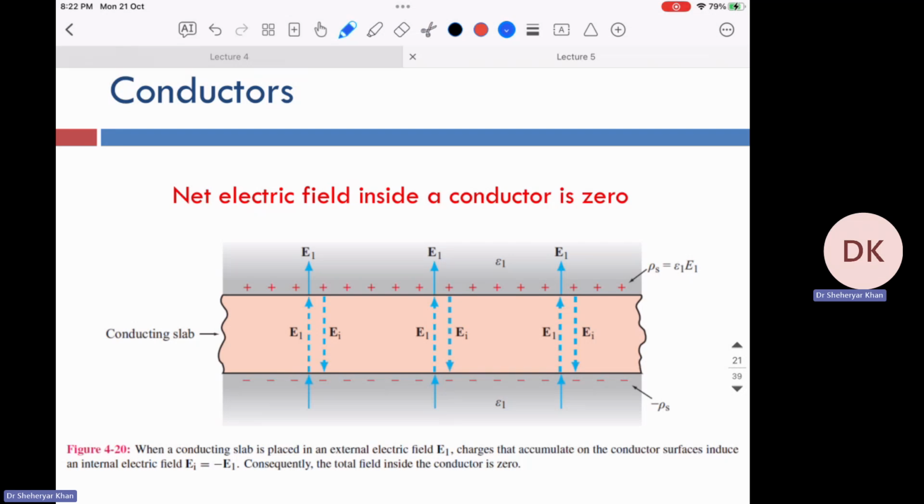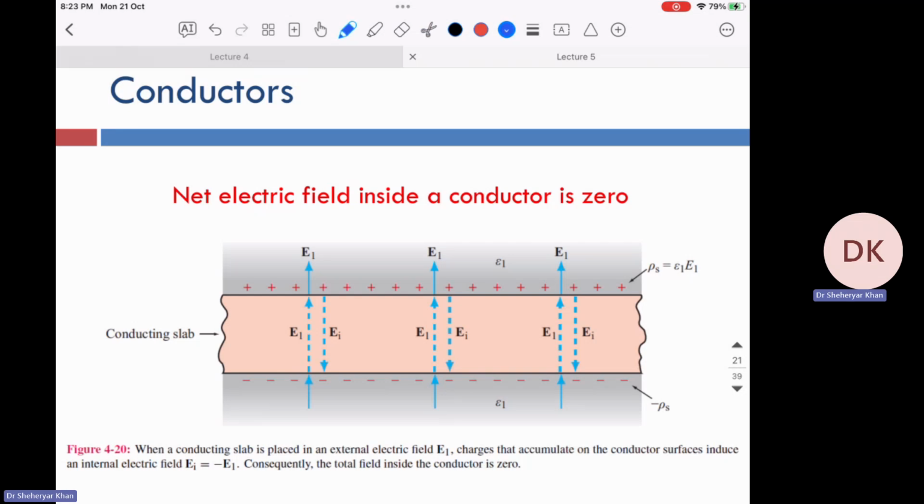Now, if you have these charge densities, then you possibly have this type of electric field, correct? For the negative charge density, the field vectors are going here, and for positive, they are going here, right? So let's say it's going like this.